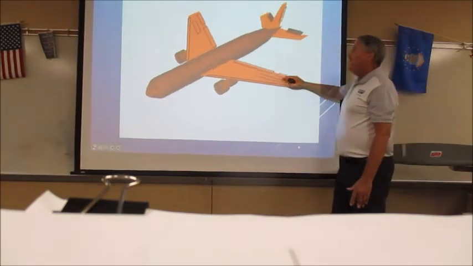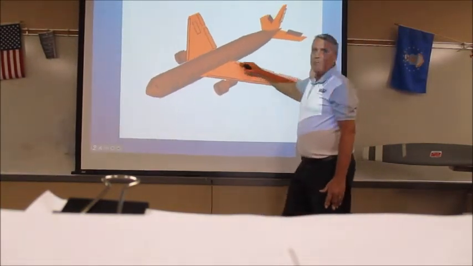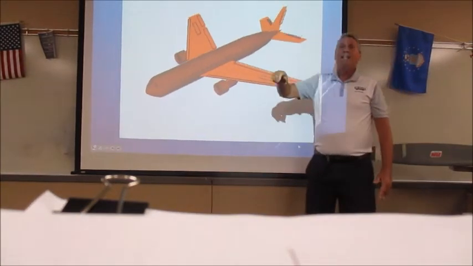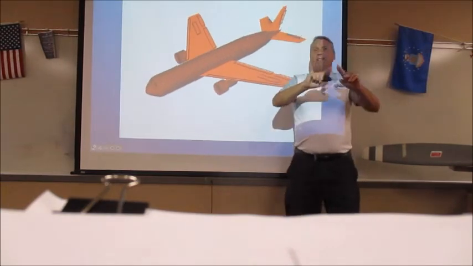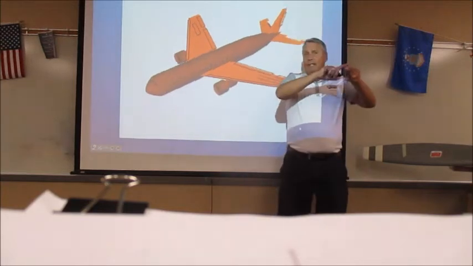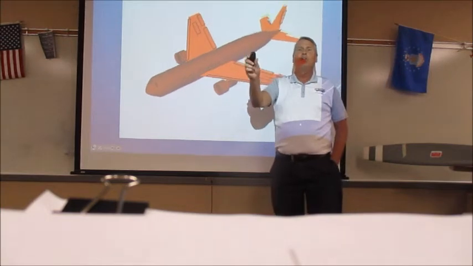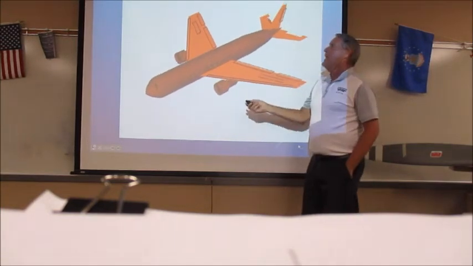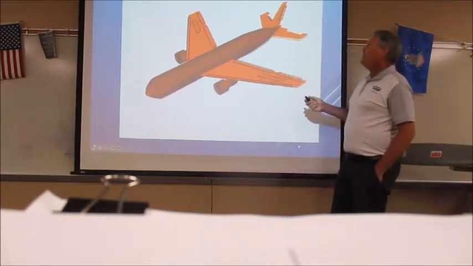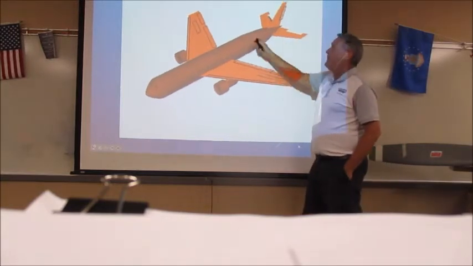So what controls my movement on the lateral axis? The elevator. Think of a lateral pass in football. The elevator controls the movement on that axis, and we call it pitch: pitch up, pitch down. That's your elevator out there on your empennage.